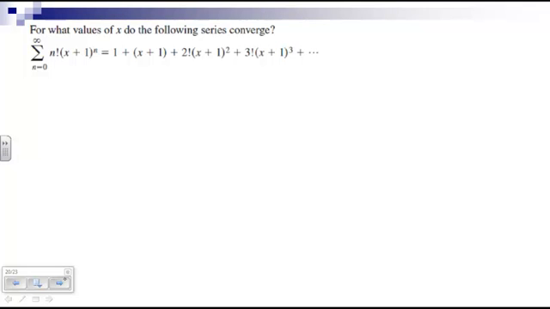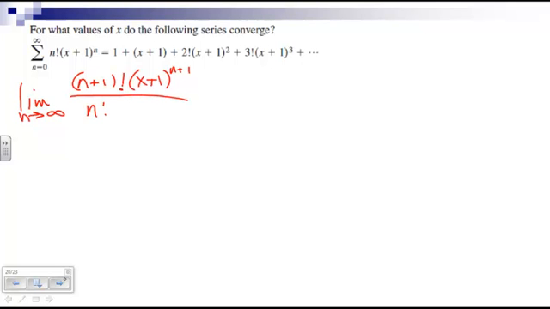Ratio test, very good. How's the ratio start again? The limit as n approaches infinity of the n plus 1 term divided by the nth term.